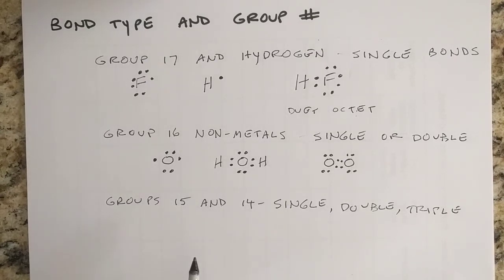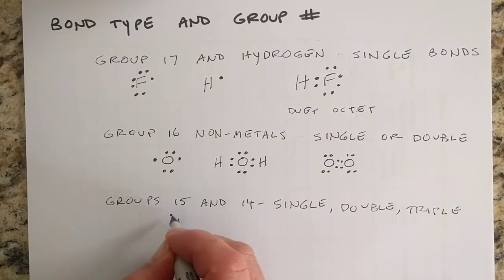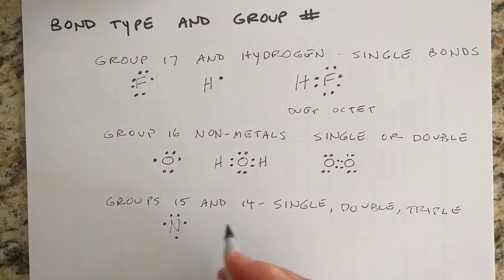And we're going to take a look at carbon, some compounds containing carbon. Carbon in group 14 has 4 valence electrons. But first for group 15, an example, nitrogen with its 5 valence electrons. It's got 3 spots. It can make 3 singles. It could make a double and a single, or it could make a triple.